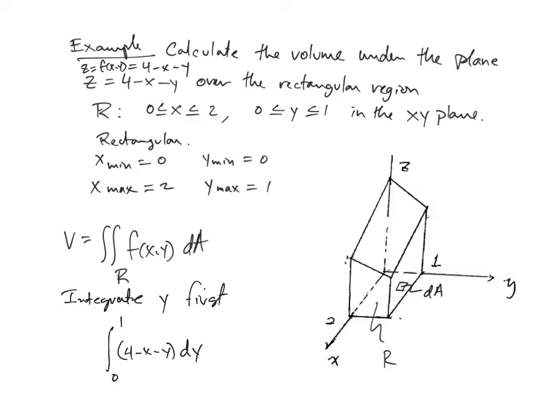So that's our inner integral, the first one we're going to calculate. Our outer integral is with respect to x, so we just write it like that. If you want, for now, we'll just put brackets here, but very quickly we'll drop those brackets. You always do the inner integral first. So we're going to integrate with respect to y first. And the limits for x we figured out before were 0 to 2.